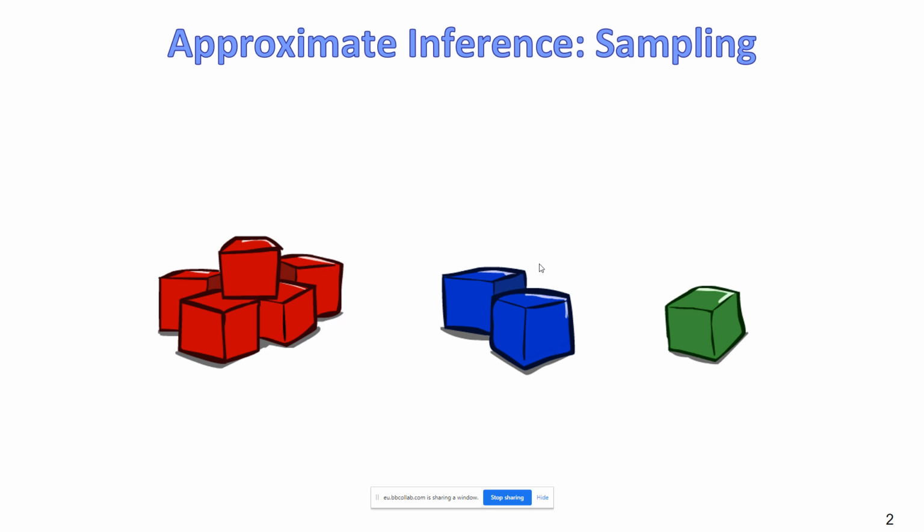But generally, this is an approximation algorithm or technique to get the probabilities without computing them exactly. That's why it will be very efficient, because if you do it multiple times, you get some approximation. Of course, if you do more computations, you will get closer to the exact probabilities.